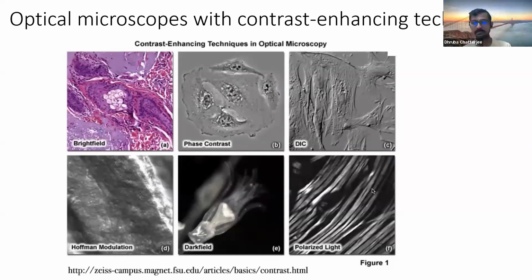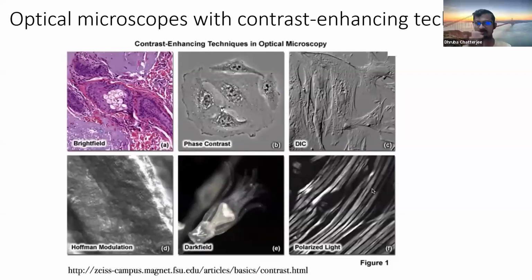For example, the nucleus is much denser as compared to the cytosol. So light that passes through the cytosol versus light that passes through the nucleus have different phases, right? Light that comes out of these two different compartments of the cell are in two different phases. That creates a phase contrast between these two subcellular compartments.